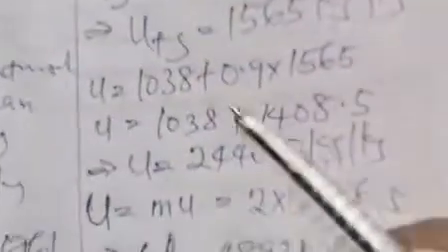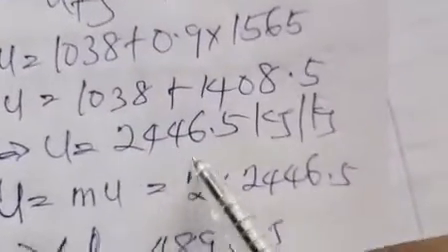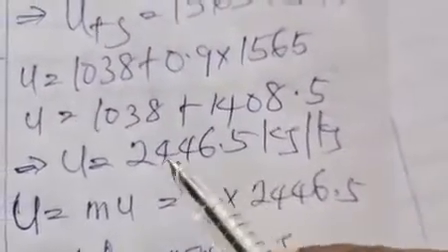So let's find the superheated temperature. We'll use either the specific internal energy or the specific enthalpy. Let's use specific internal energy, which gives us 2446.5.